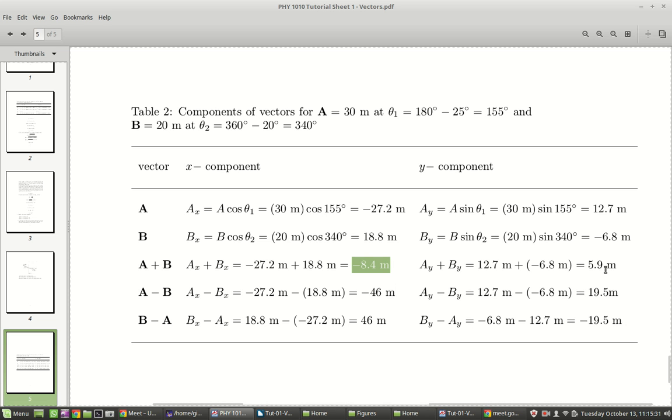It's positive. That means the y component lies along the positive y-axis. So if the x component lies along the negative x-axis and the y component lies along the positive y-axis, then A plus B is in the second quadrant. Is that clear?